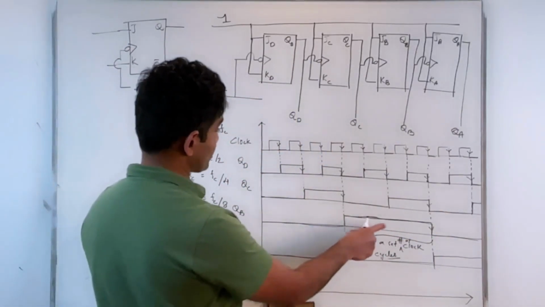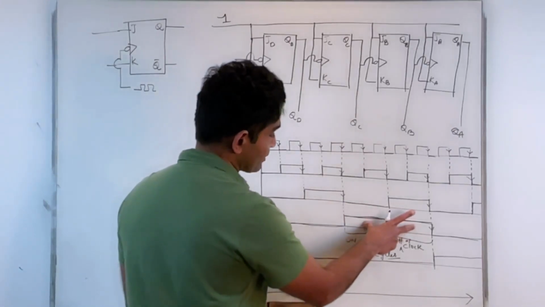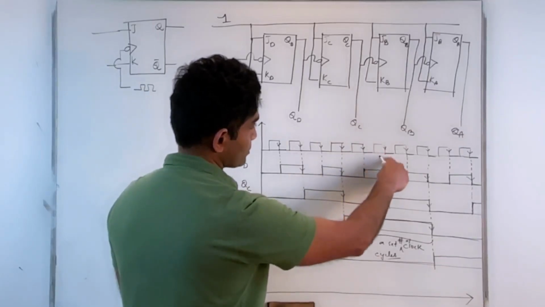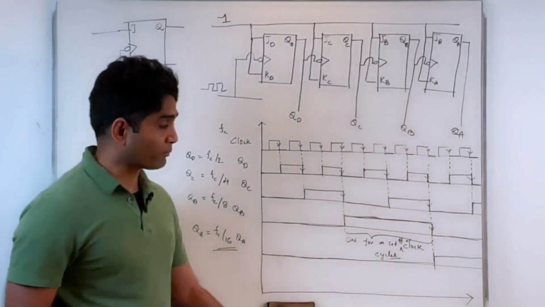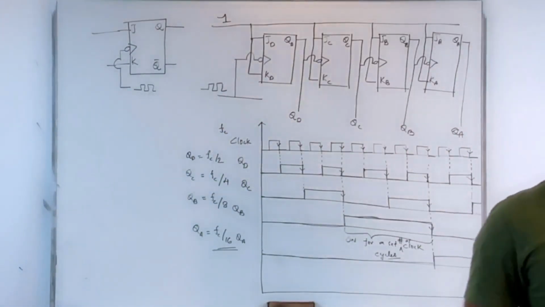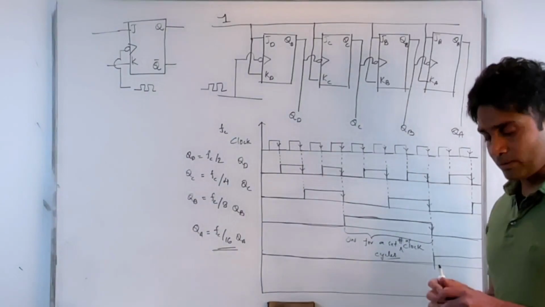For example, if I ask you for how many clock cycles this signal is on, you can check, right? 1, 2, 3, 4. So this particular signal is on for 4 clock cycles.